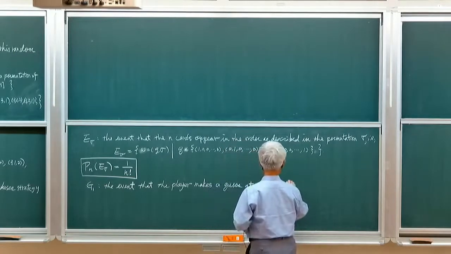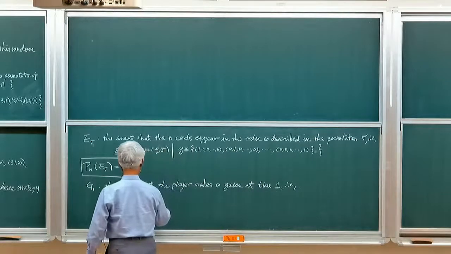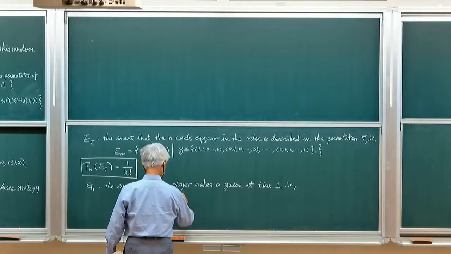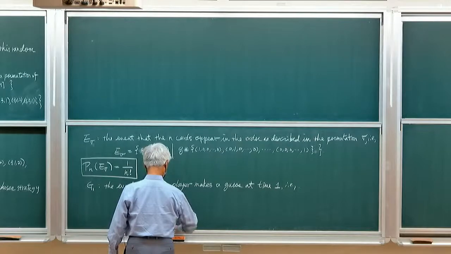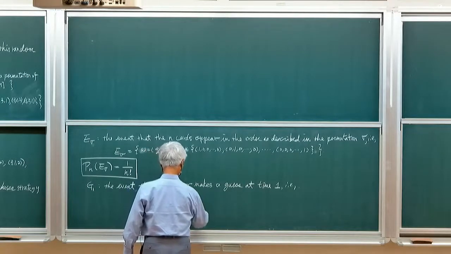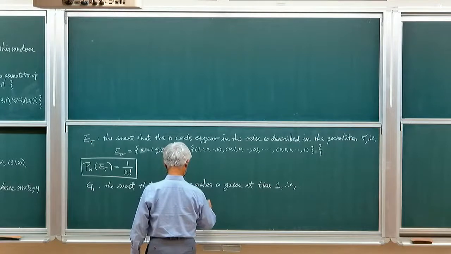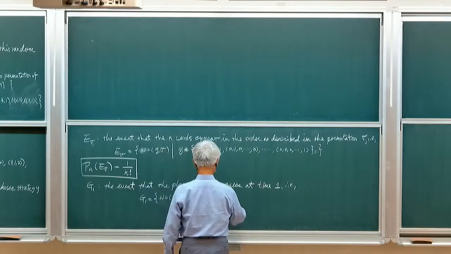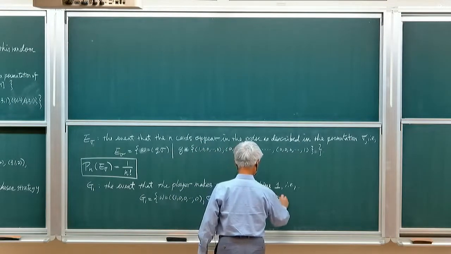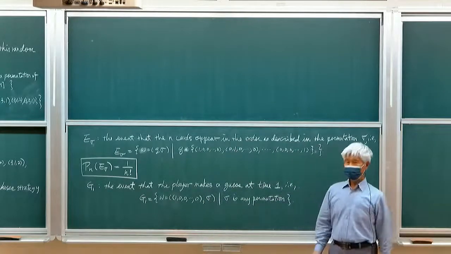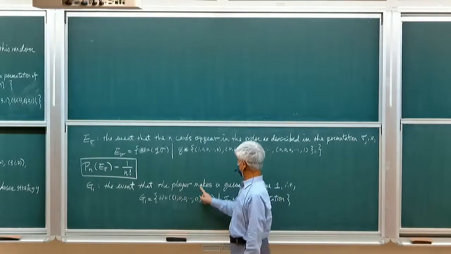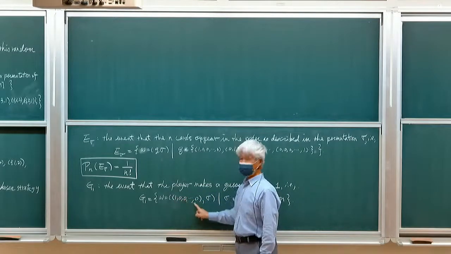G1 consists of all outcomes so that the guess sequence is fixed, because the player makes a guess at the first time, so it's 1 0 0 0 0.